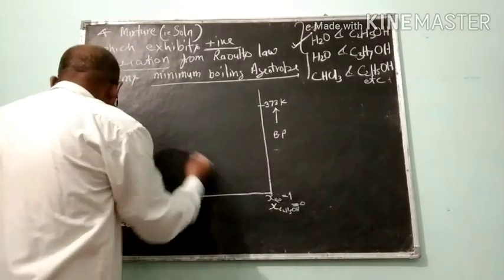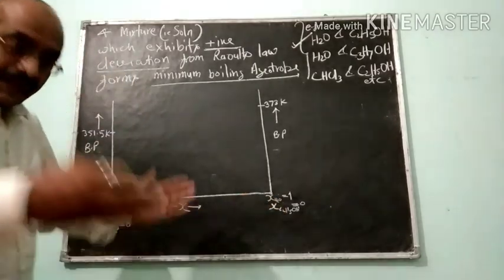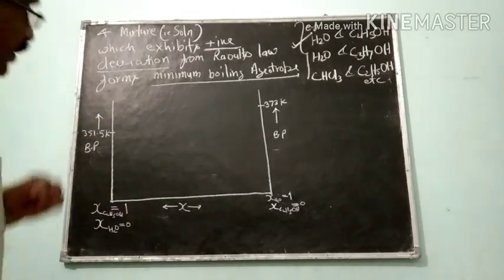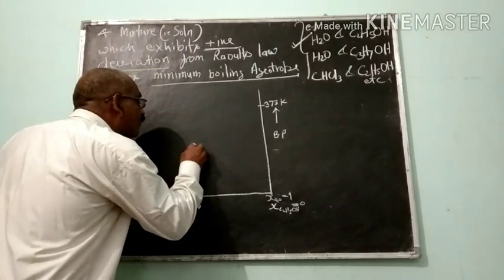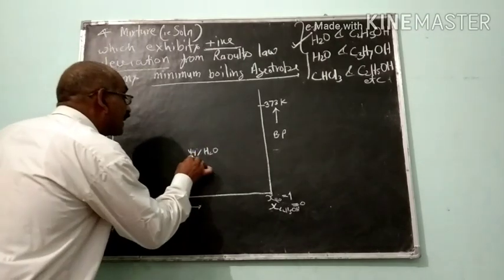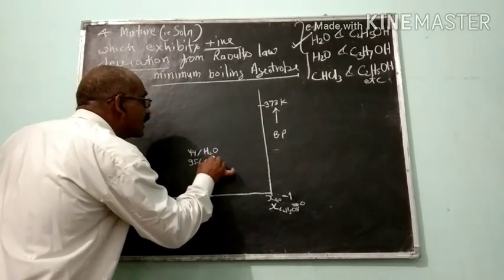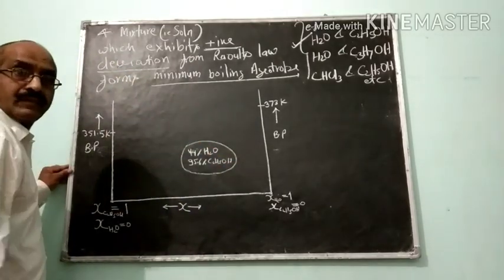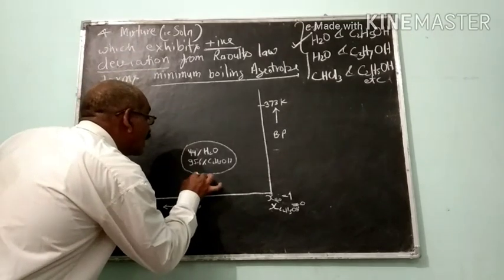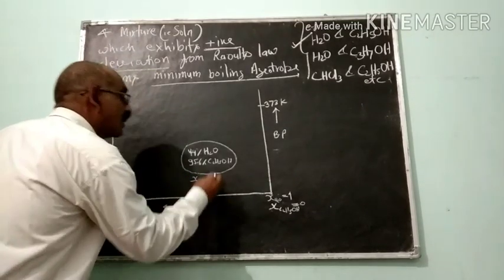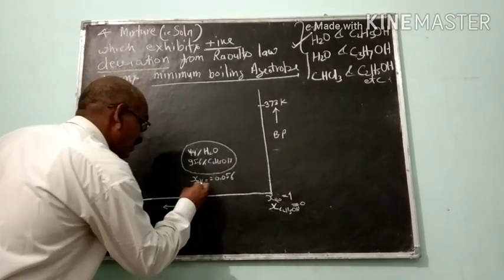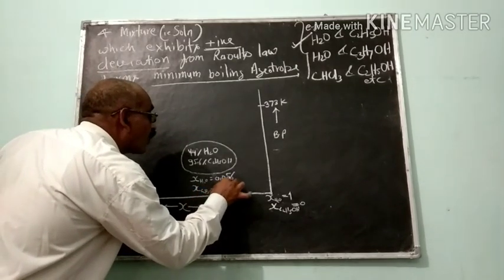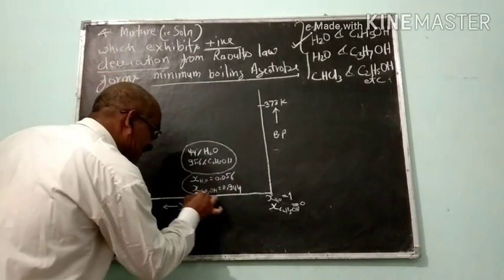Now when this mixture of ethanol and water is boiled, तो एक certain composition which contains 4.4% water and 95.6% ethanol, or in terms of mole fraction, the mole fraction of water is 0.056, while mole fraction of C2H5OH is 0.944.